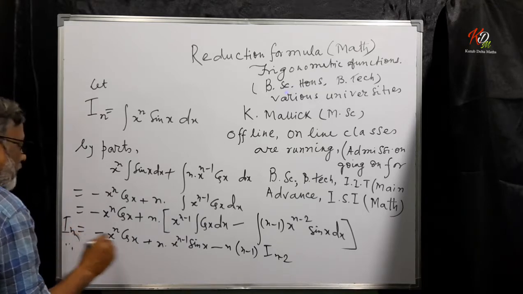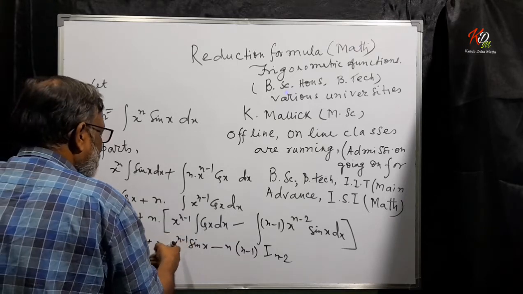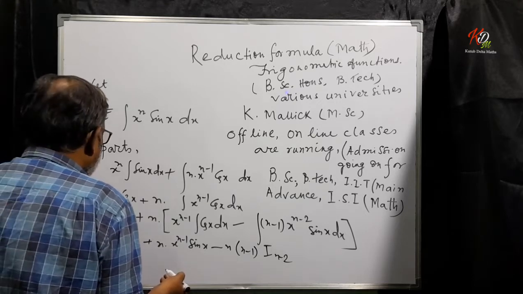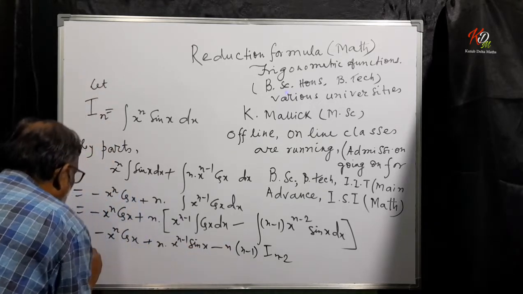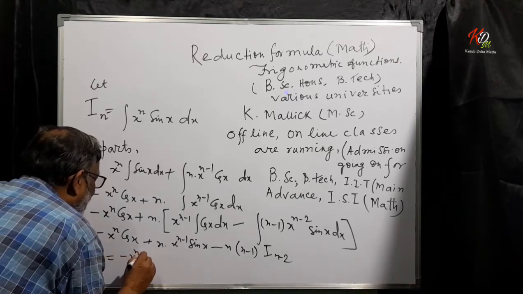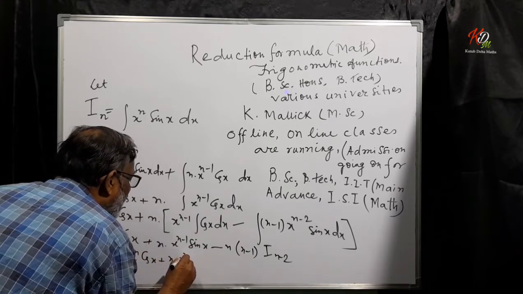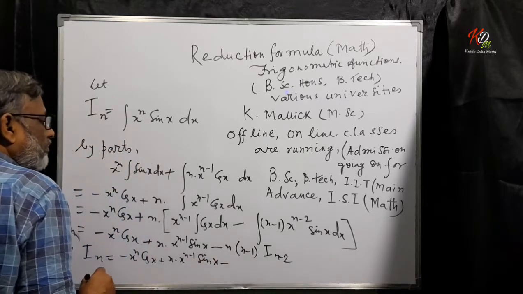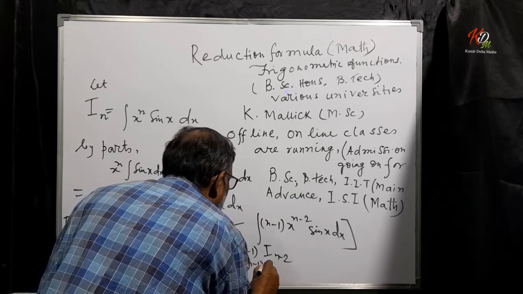Transposing: there is no need for transposing here, because I n is already alone. So I n equals minus x to the power n cos x plus n x to the power n minus 1 sin x minus n into n minus 1 I n minus 2.